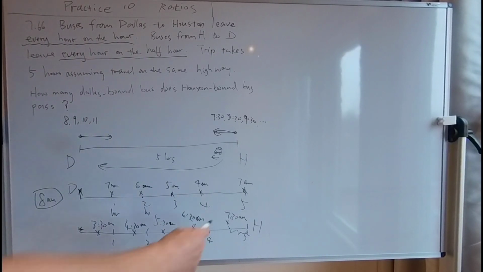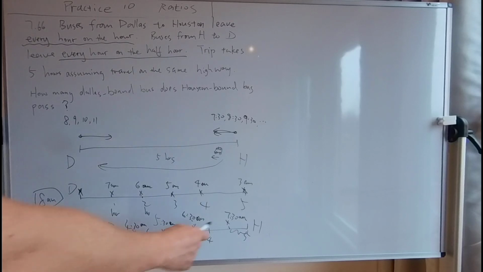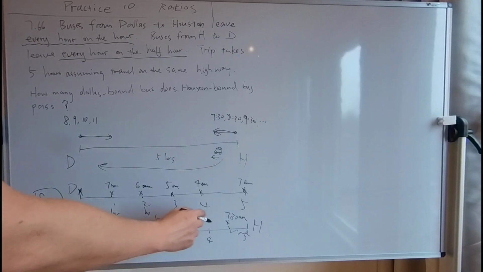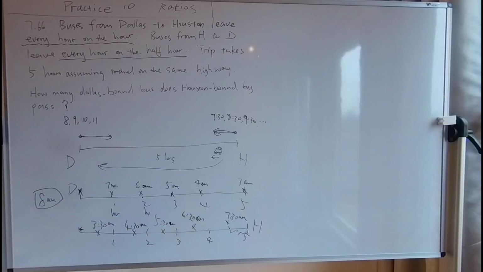So this time you have 5 buses on the way at each corresponding location. Now, so those are the patterns of the buses and their locations at a certain point of time.